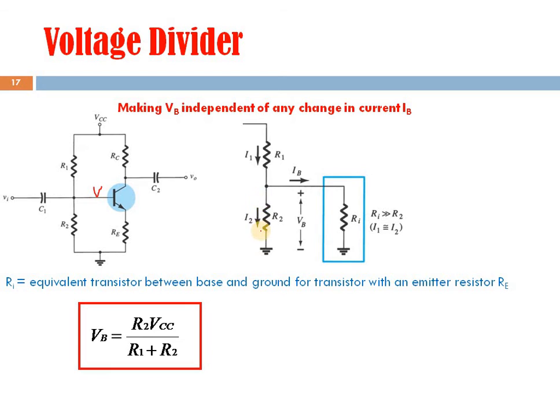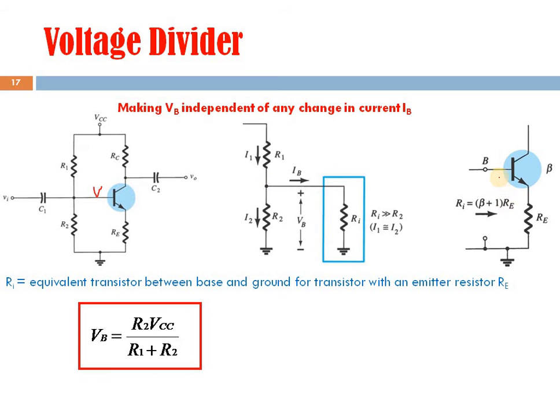If this current is almost constant, the voltage here will also remain constant. So we want this R2 to be designed in such a way that R2 is very small as compared to Ri, and that way we can ensure that I1 is almost equal to I2. So what happens on this side is not going to affect the voltage present here.